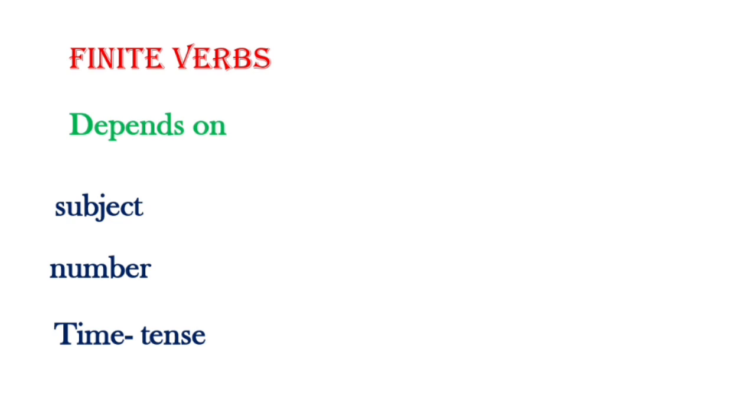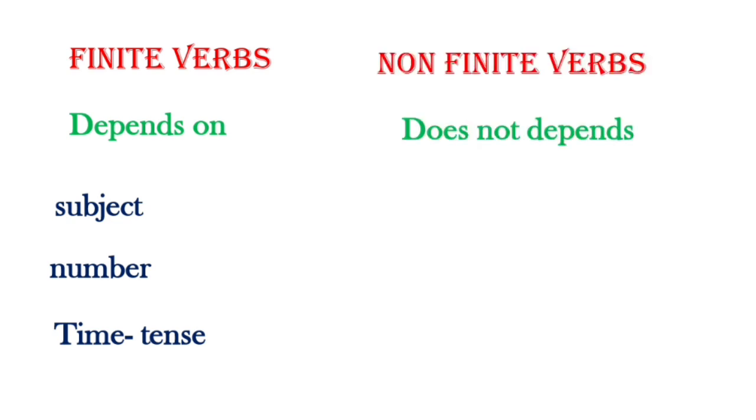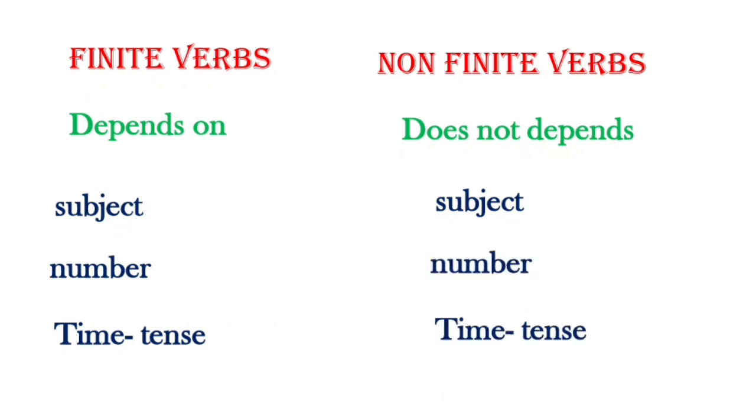The verbs which depend on that subject are called finite verbs. Non-finite verbs are nothing but verbs that do not depend on the subject, the number of the subject, or time and tense. Very simple, I'll say to you that finite verbs change according to the subject.